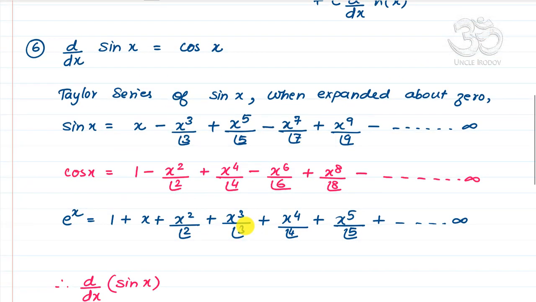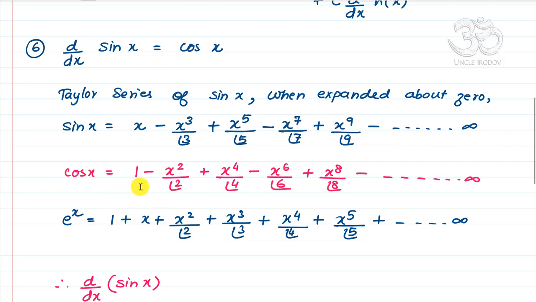Similarly, if you do it for cos x, let's have a look at this expression here. You are going to get 0 for the first term, correct, then x, then x to the power 5 by 5, correct.